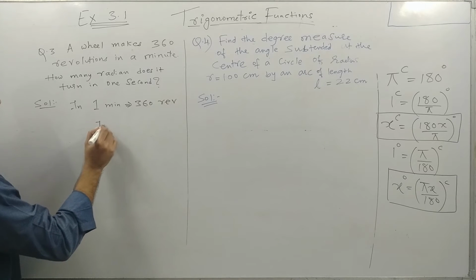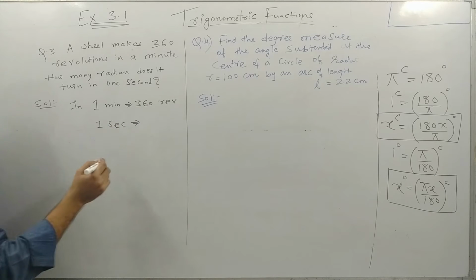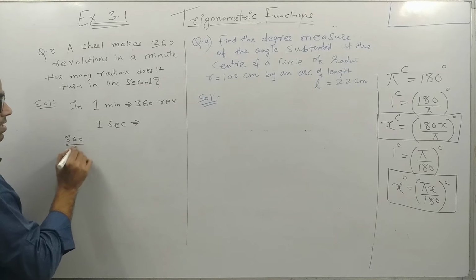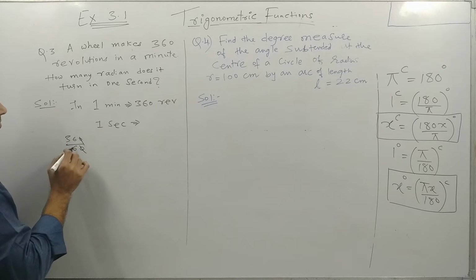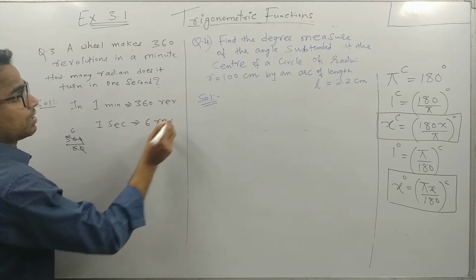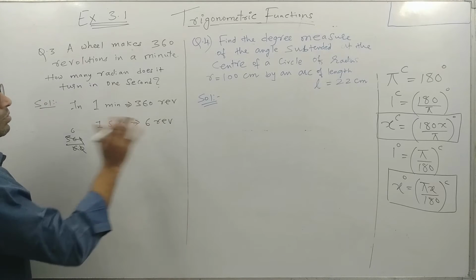So in 1 second, how many revolutions? Obviously we will divide by 60. So 360 divided by 60, that will give us 6 ones are 6, 6, right? So 6 revolutions in 1 second. So that means in 1 second it makes 6 revolutions.